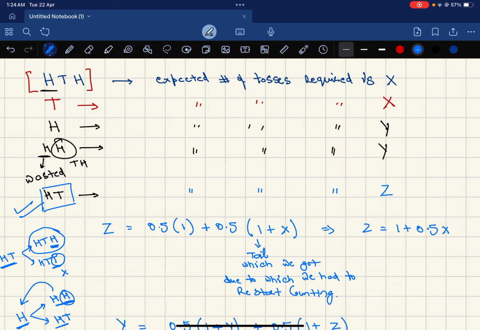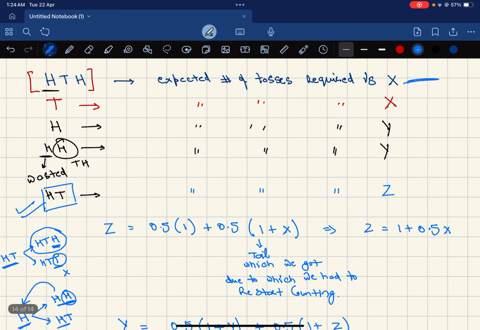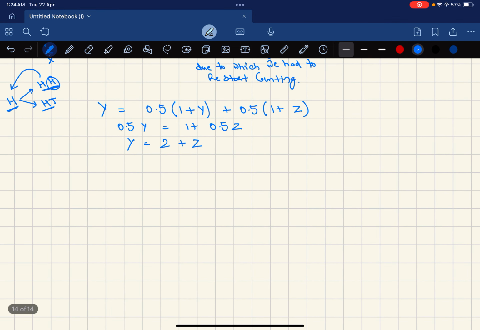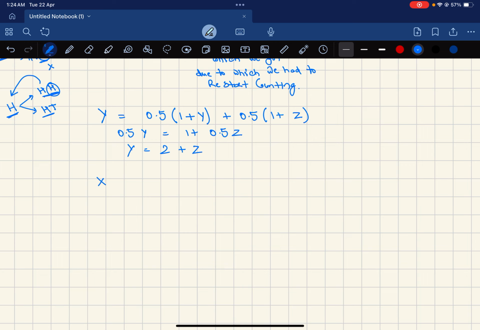Okay, now ultimately we have to calculate this particular value, which is the value of x. So let us say now we try to calculate the value of x. If we get the first trial as H, we already know there are y more trials required, which we saw in this particular example here. So we can write it as 0.5 into 1 plus y.